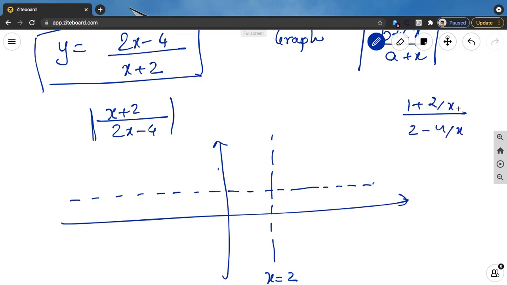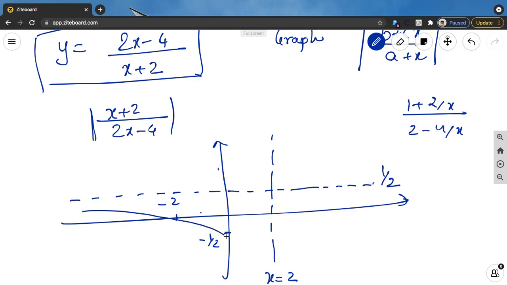What is the horizontal asymptote? When x is very, very large, I will reach half. So y equal to half is the horizontal asymptote. What are the intercepts? When x is 0, y is -half. And when y is 0, x is -2.